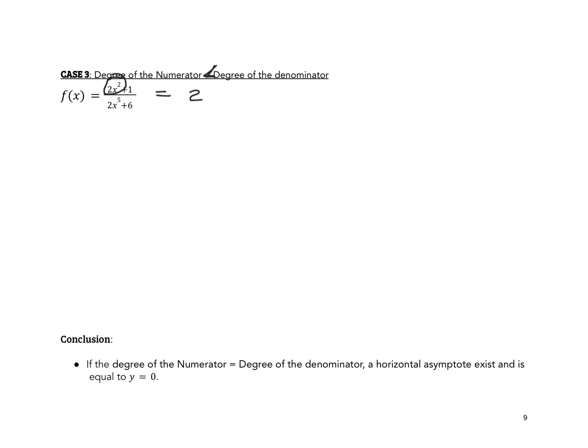So I have 2x squared, and I'm dividing that by 2x to the power 5. So what am I going to get? I'm going to get a simplified form of 1 over x cubed. Okay, now I'm going to find the limits of the end behavior on both sides.